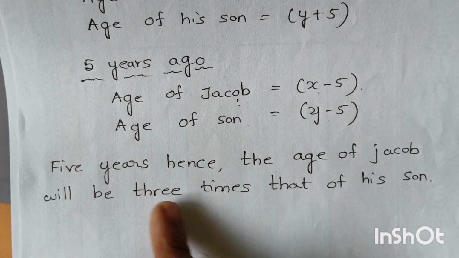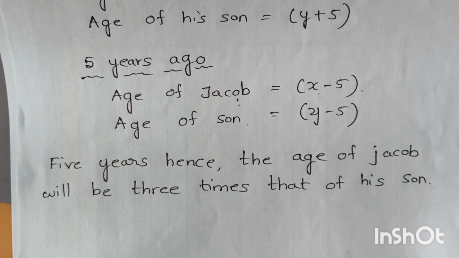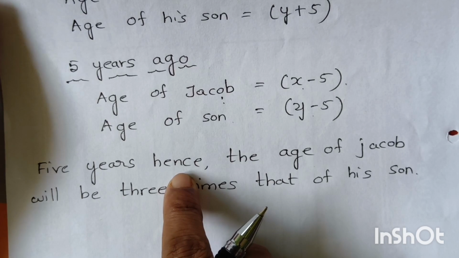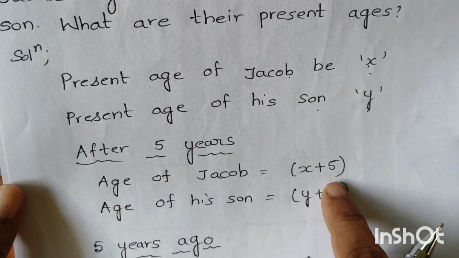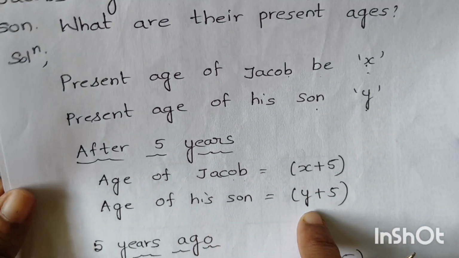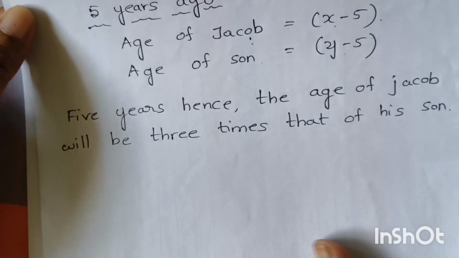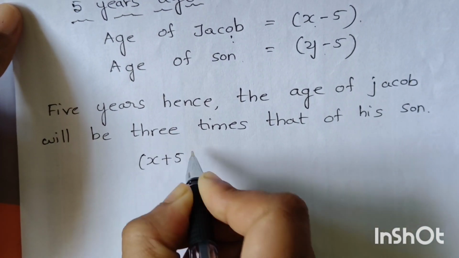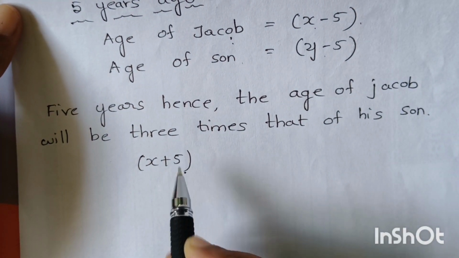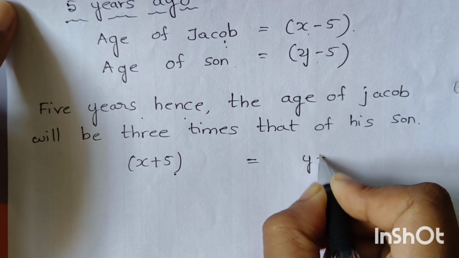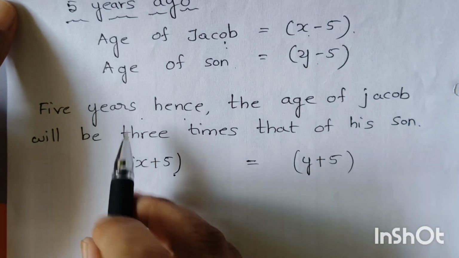For this sentence, let us write the equation. See, 5 years hence means after 5 years, what will be Jacob's age? x plus 5. And what will be his son's age? y plus 5. Okay, first let me write that. x plus 5, this is Jacob's age 5 years after. And y plus 5 is his son's age after 5 years.